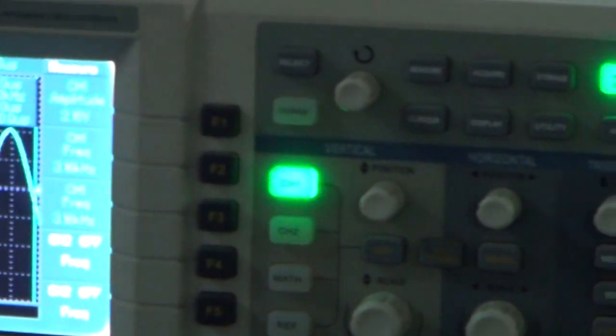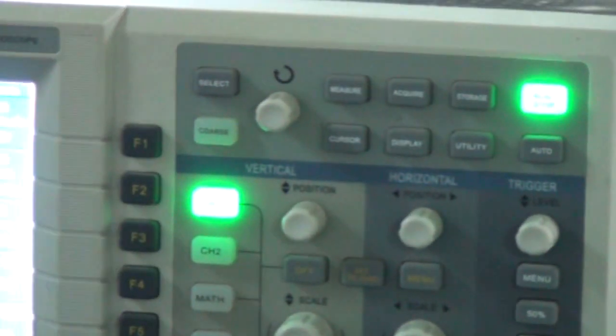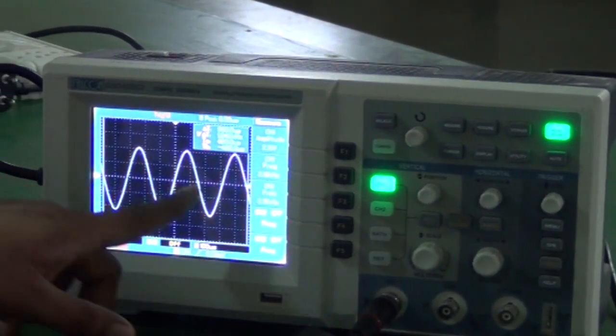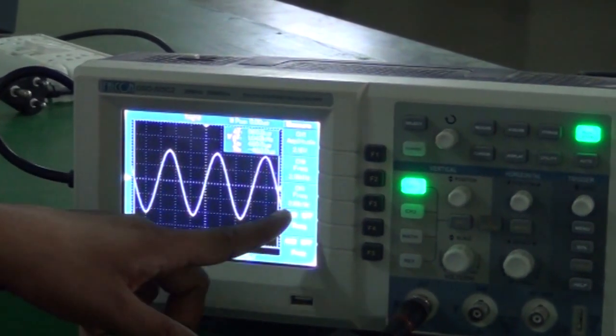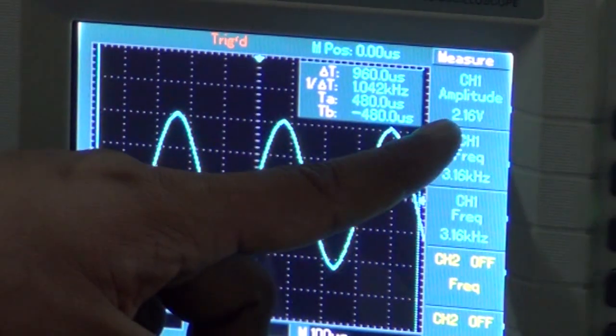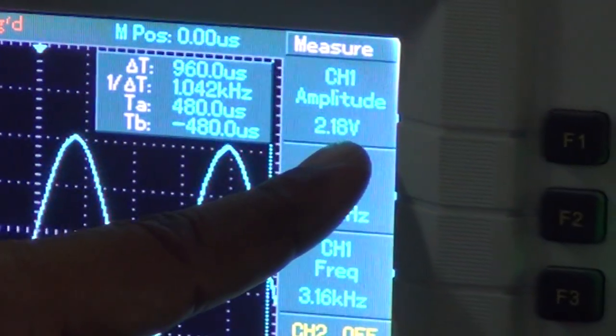Here we can observe the audio frequency signal with this DSO. It is showing a sinusoidal signal with a frequency of 3.16 kilohertz, and its amplitude is 2.16 volt peak to peak.